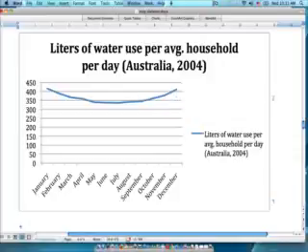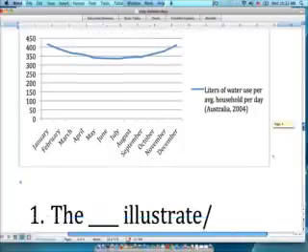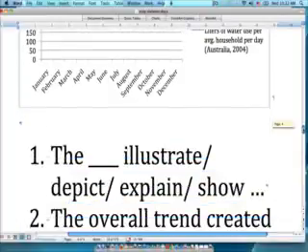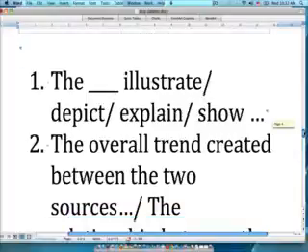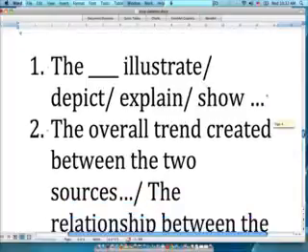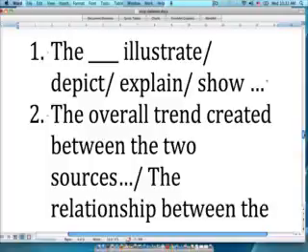Okay, now, so we've looked at the two sources that we're going to be writing about. Now, I want to go over very quickly the structure that we're going to use to respond to these and to describe these two sources. Your IELTS response is going to have between 9 and perhaps 10, 11, or 12 sentences.